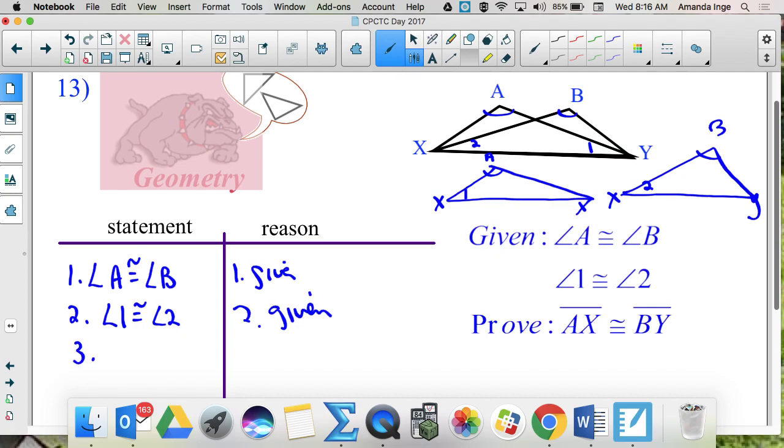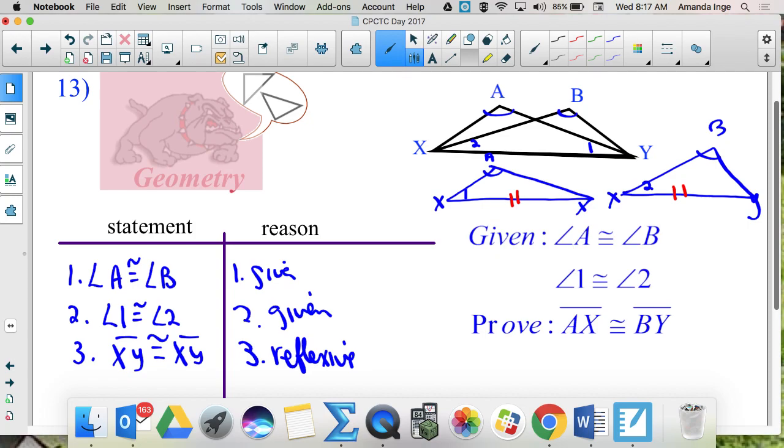Number 3, XY is congruent to XY. And that would be what property? The reflexive property. So this piece is equal to that piece.